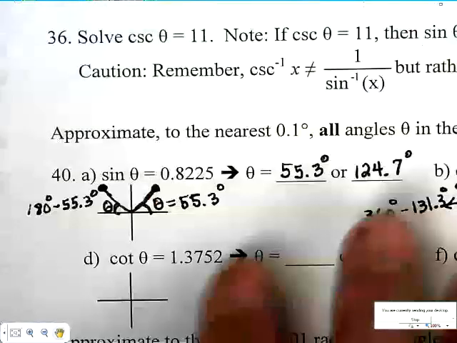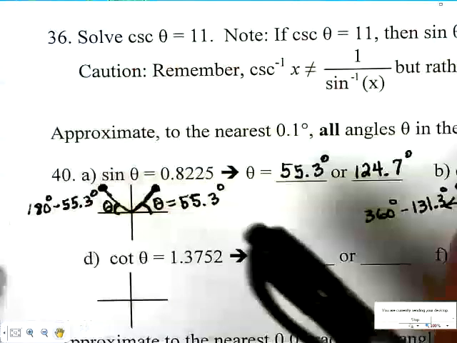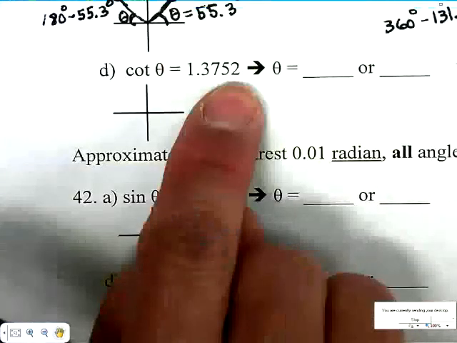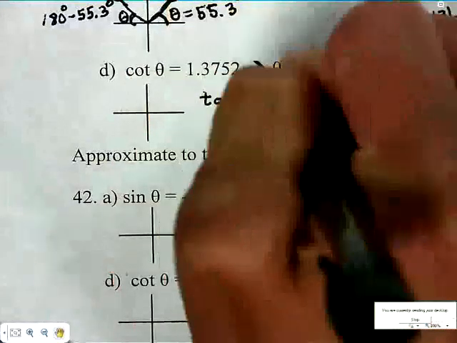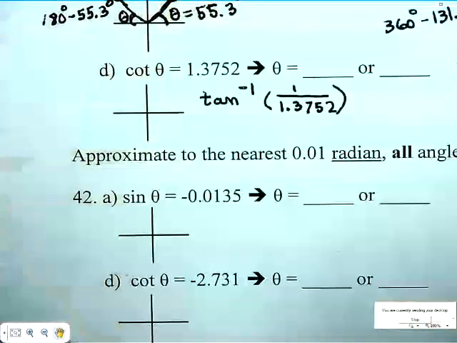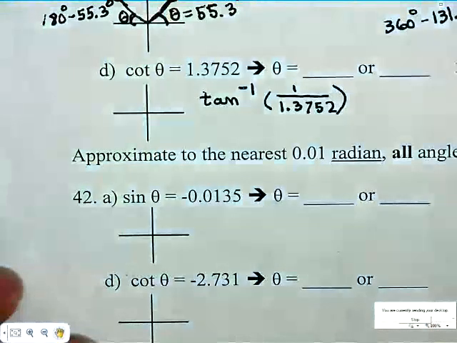If cosecant is 11, then sine is 1 over 11. If cotangent's about 1.4, then tangent is about 1 over 1.4. So when I use my inverse tangent button, I don't do 1 over inverse tangent. I do inverse tangent of 1 over 1.3752.